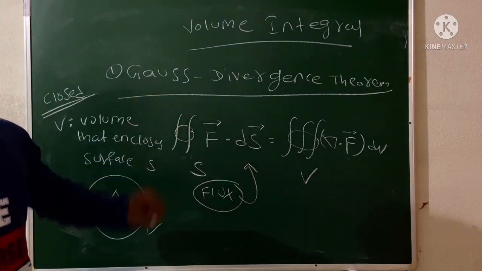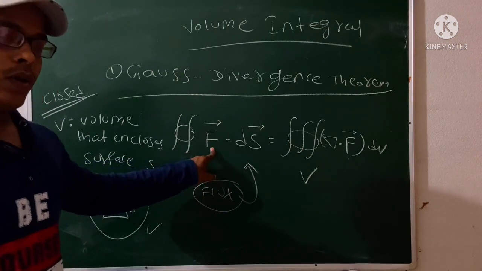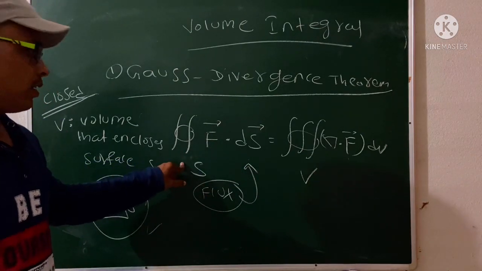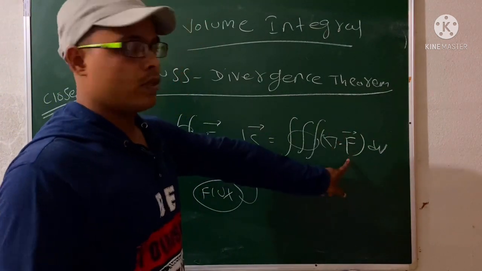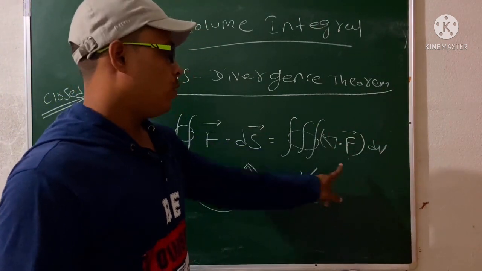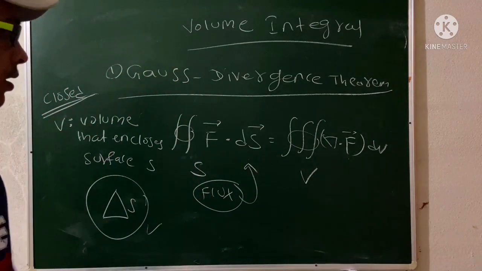What will we write for the Gauss divergence theorem? The surface integral of a vector field over a surface S is equal to the volume integral of the divergence of the vector field F over a volume V that encloses the surface S.